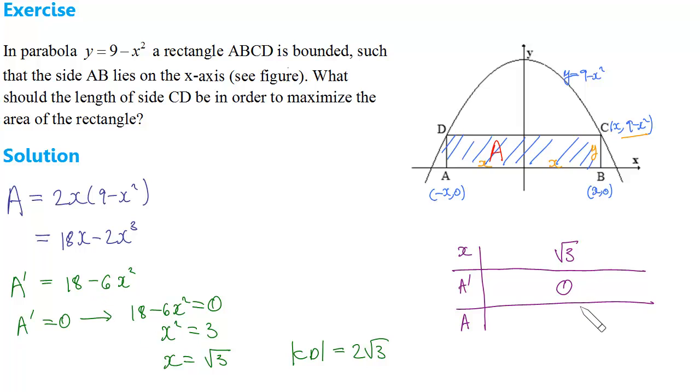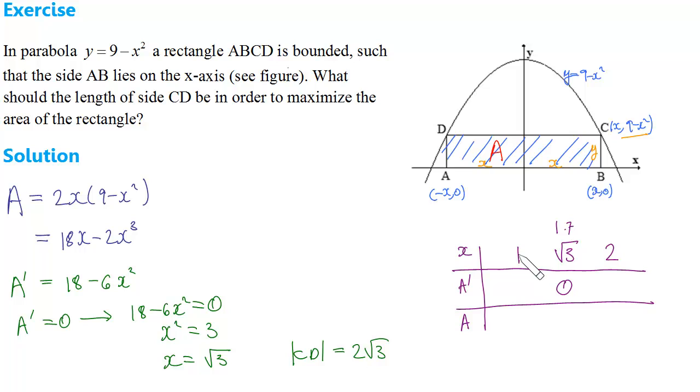You can substitute it, but that's how we got the square root of 3. And then I need a value on the left and the right. Now the square root of 3 is roughly 1.7 something, so I can take on this side 1, and on this side I can take 2, and I just need the sign of A prime.